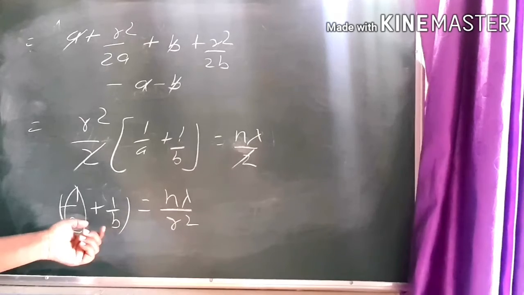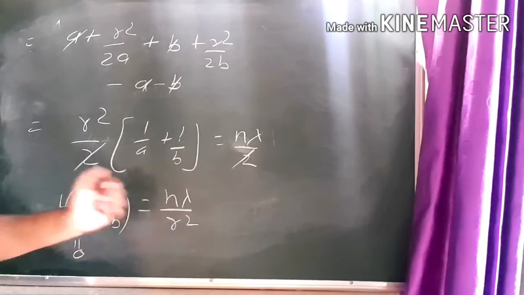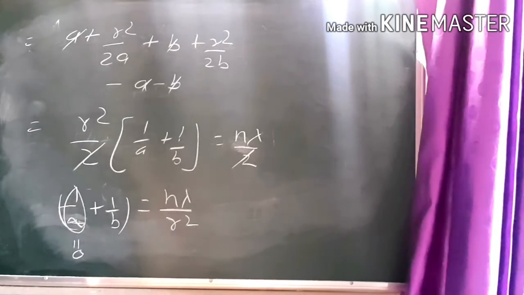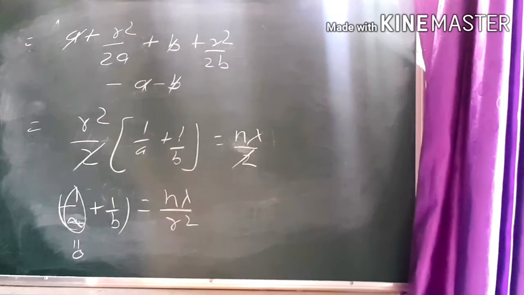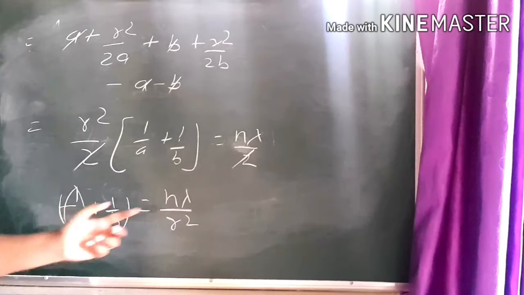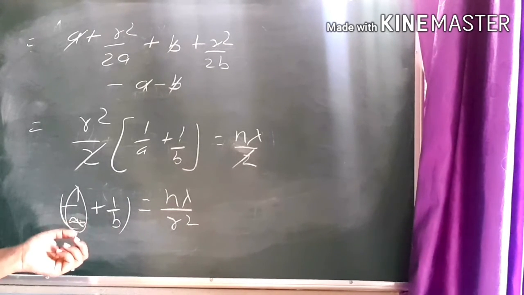We can find from here b for consisting n number of half period zones. If we want there should be 5 half period zones, n should be 5. Then we can find the value of b.